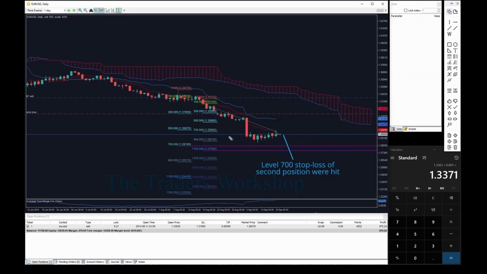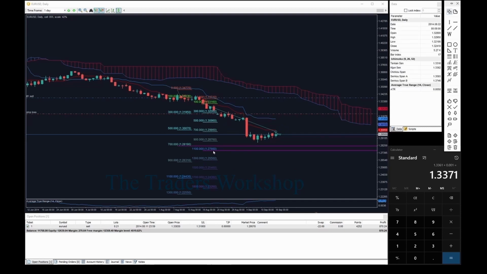Okay, so the stop loss for our position 2 was taken out by this bullish candle, and we were able to follow the market down to level 700. We will do a quick review of this trade at the end of the video. For the meantime, let's proceed with our position 1.